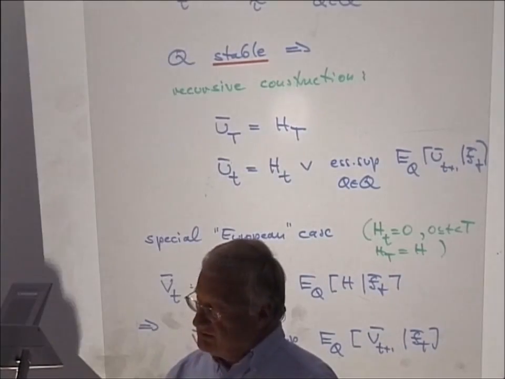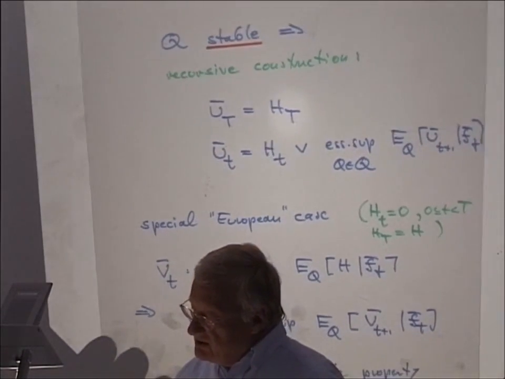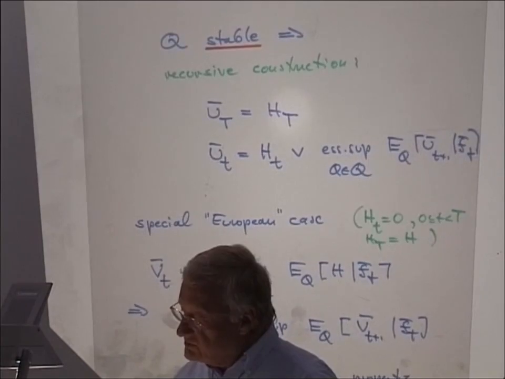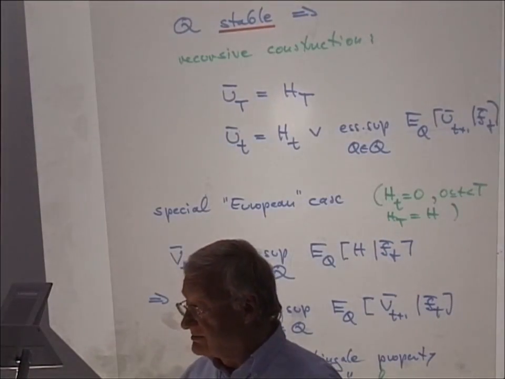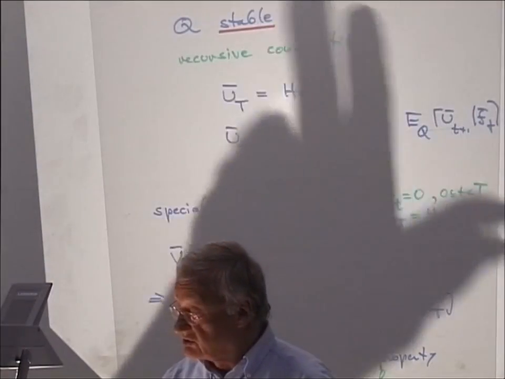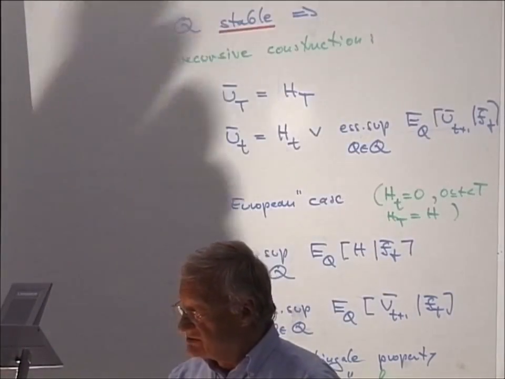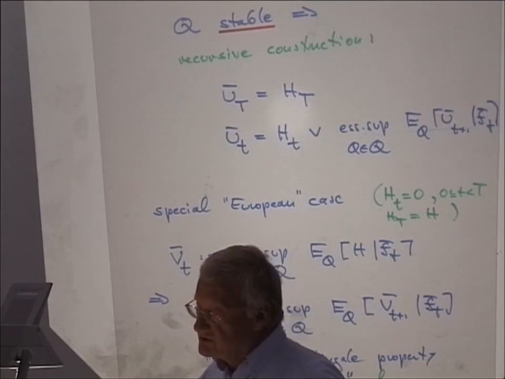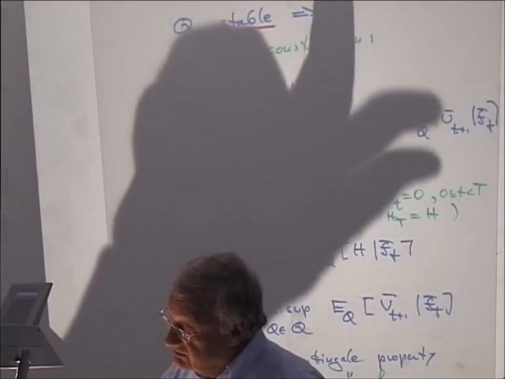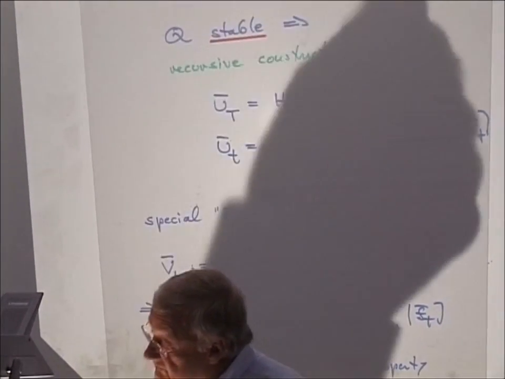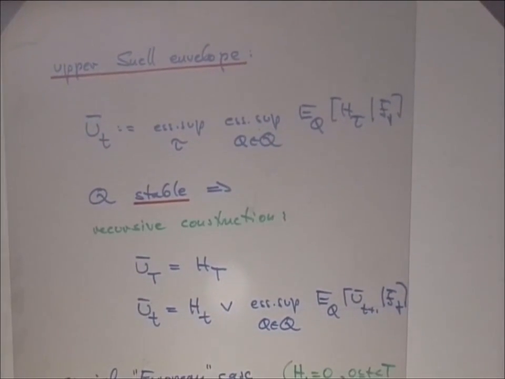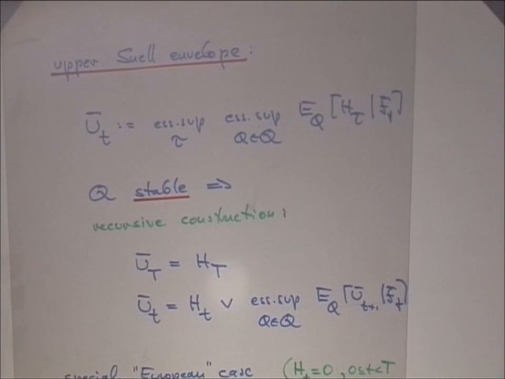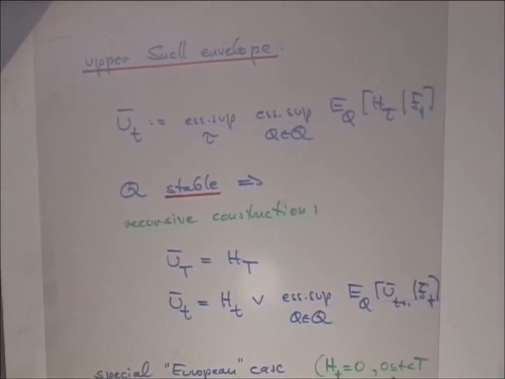We look, in analogy, at the upper Snell envelope with respect to such a class, and here clearly we could exchange, so that's a sup over all Q's also of the values of the optimal stopping problem for a fixed Q. Now if Q is stable, then we can verify a recursive construction.